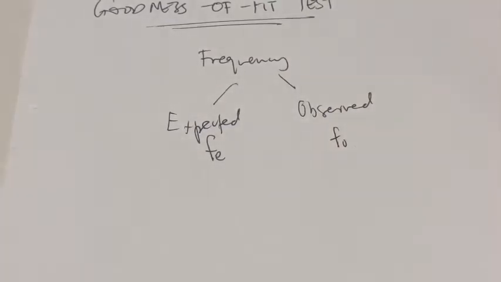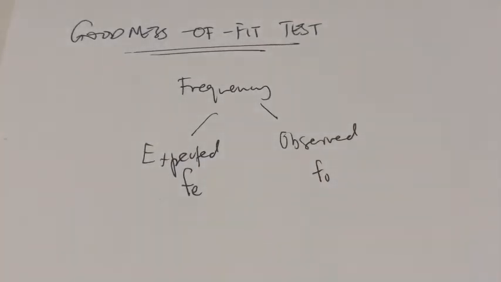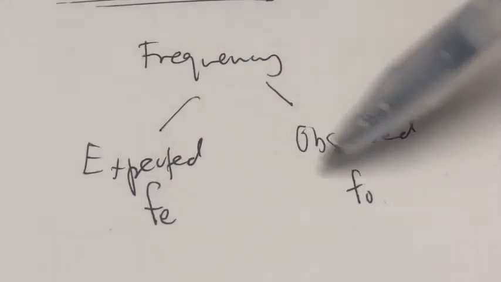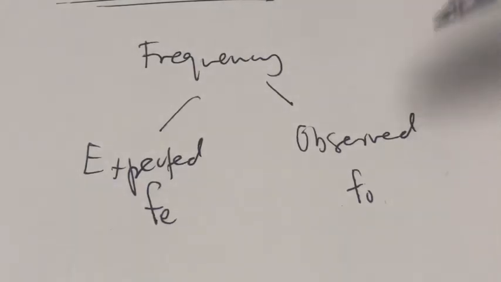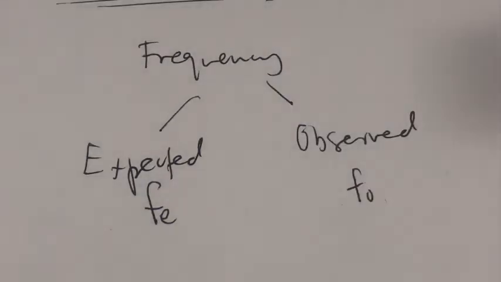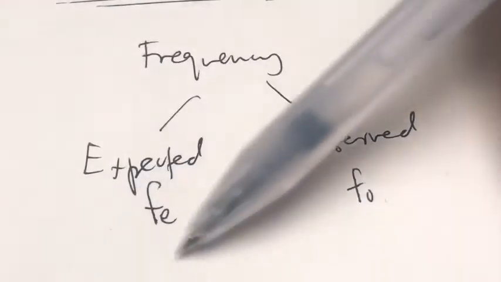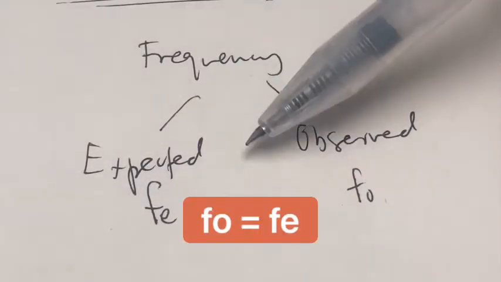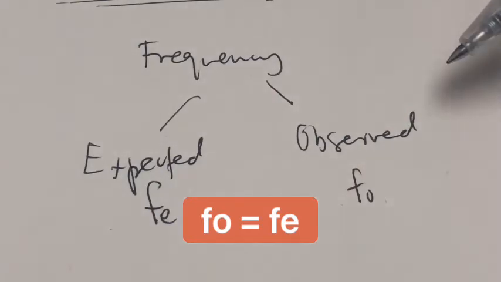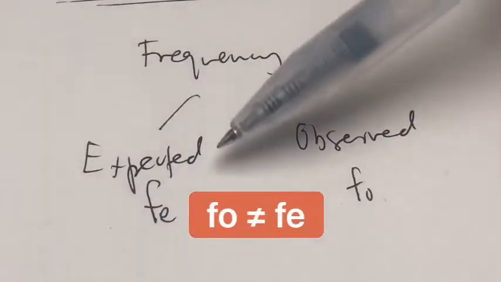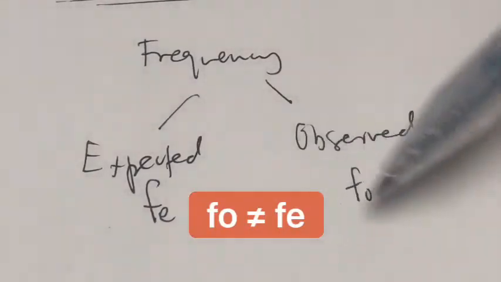All right, so understand that bit first. We've got two types of frequencies: the one that we expect to happen and the one that we observed, or the actual frequencies that happened. Now, if there was a good fit, whatever we expected would be exactly equal to whatever we observed, right? It's a good fit. But if it is not a good fit, then what we expected is not the same as the observed.